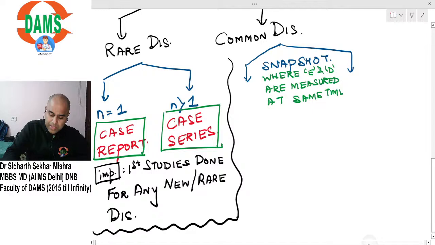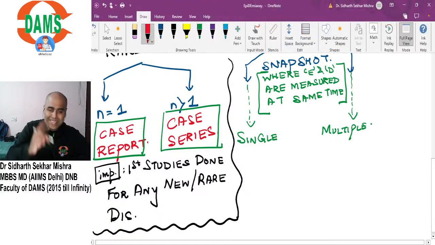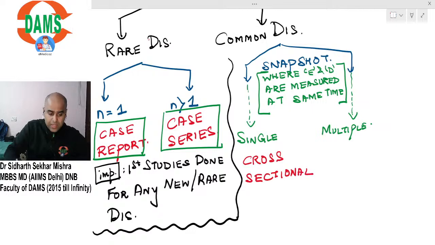Exposure and disease are measured at the same time. So if it is a single snapshot or if it is a multiple snapshot: if it is a single snapshot, it becomes a cross-sectional study. If it is a multiple snapshot, it becomes a longitudinal study.